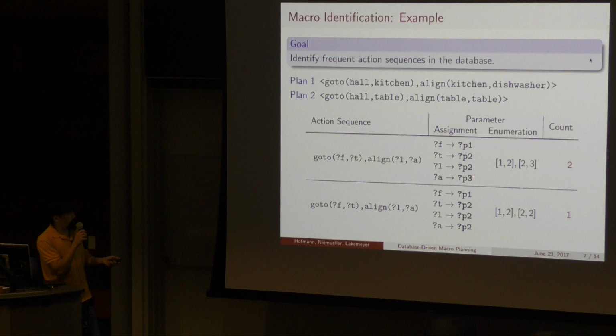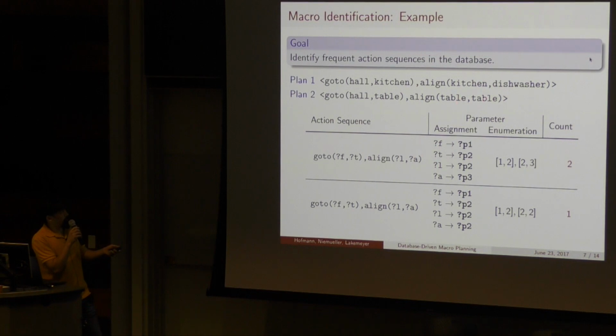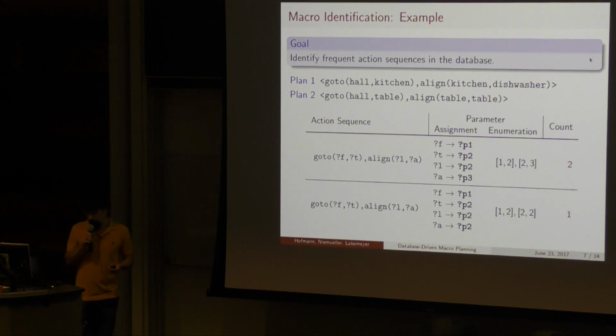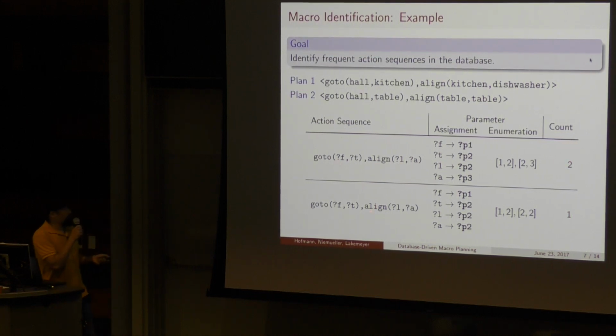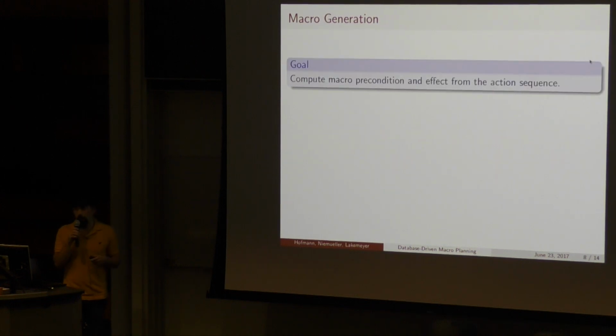So here we use 3 parameters because the last argument of align was different to the first argument of align, while here in the second plan we have table, table, which we can use for the same parameter. So at the end we have 2 different actions, well, the same action sequence but with different parameter assignments, which we can then use in the next step to generate a macro representation for this action sequence.